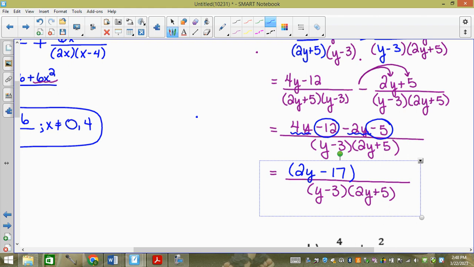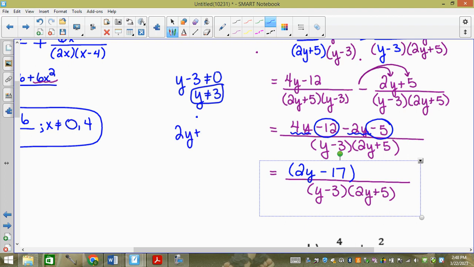MPVs. So I have y minus 3 can't equal 0. Y can't equal 3. Then the other one, people will tell me y can't equal negative 5. Which is not true. They forget to divide by the 2. So you have to remember that you can take the 2y plus 5.